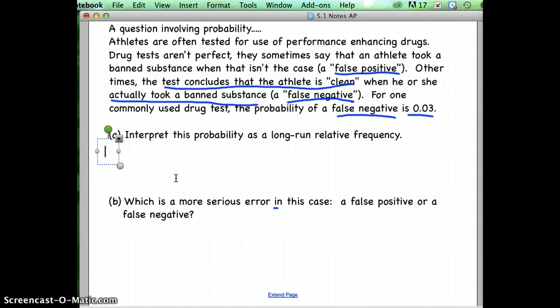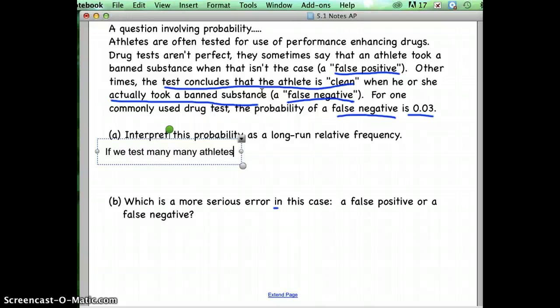I would say something like, if we test many, many athletes, and not just many athletes, it's the athletes who have actually taken the banned substance. Because that's what a false negative is referring to, people who have taken the banned substance.